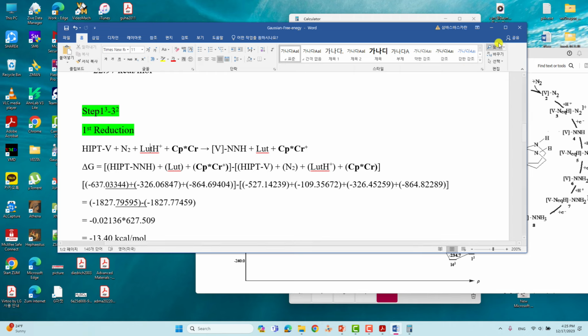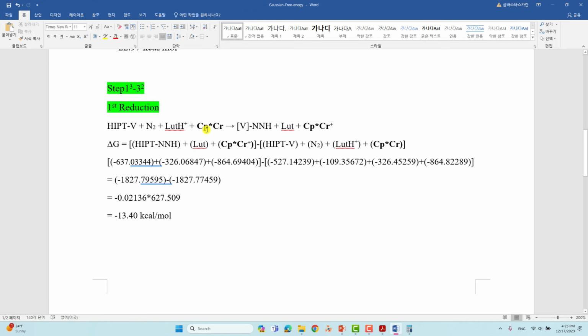Here you can see we are going to use decamethylchromocene energy, because that is the reducing source, that means the electron source of this catalytic reaction. So this is that simple reaction. We start with this initial one, then N2, then lutetium and decamethylchromocene. This is neutral. On the right side you can see the product, vanadium NNH.